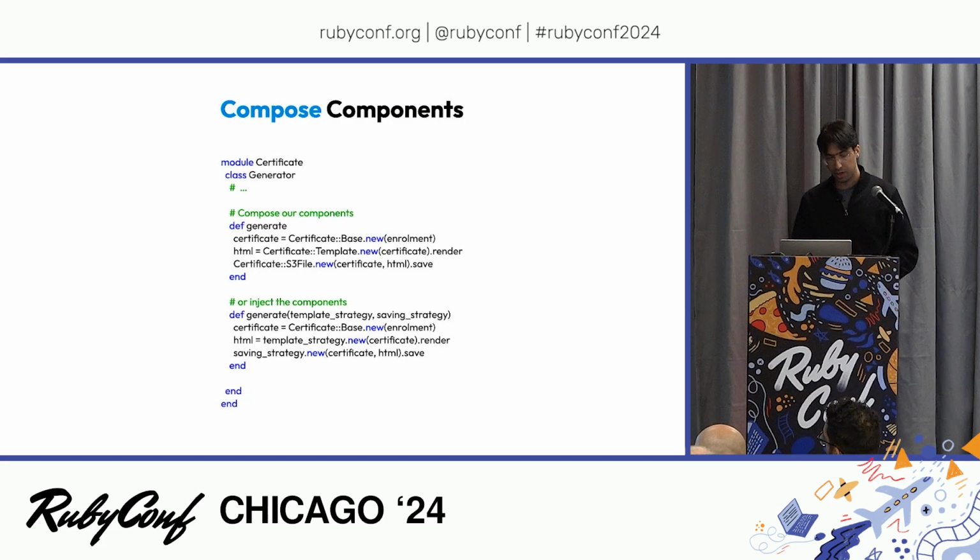Another way to do it is to actually expect that whoever calls the method tells you what those names are. So you might see this referred to as dependency injection. And in that case, there's a bit more flexibility because, for example, for our saving strategy, we don't have to assume that we're saving to S3. Whoever is passing us the name of the classes can give us that temp file component that we talked about earlier.